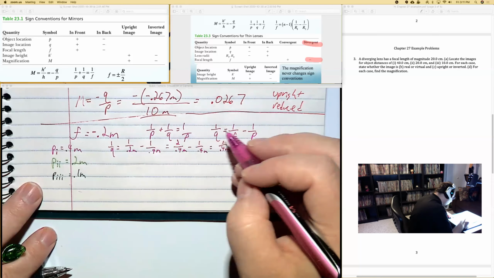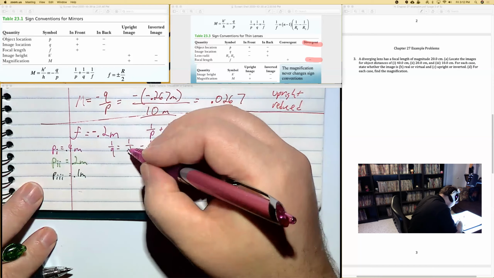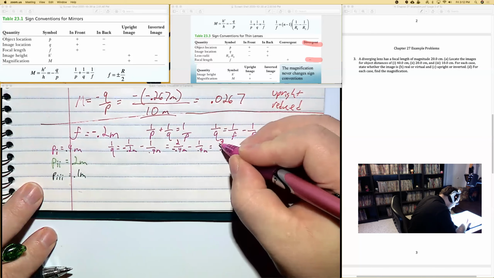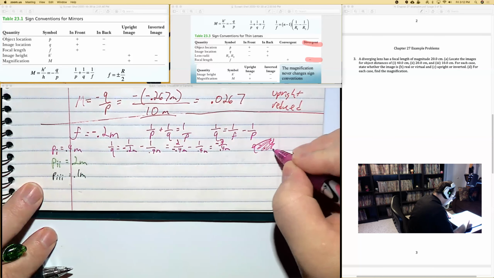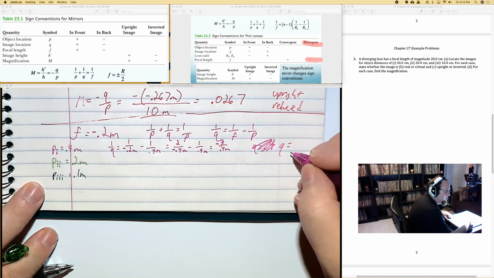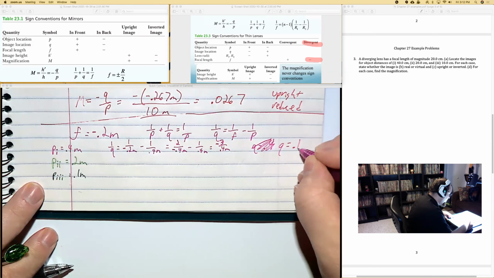Oh, wait. Q is negative, wasn't it? Oh, F was negative. So I dropped this negative sign. So negative 3 over 0.4. Inverting that, 0.4 over 3, that's 0.133 meters, negative.